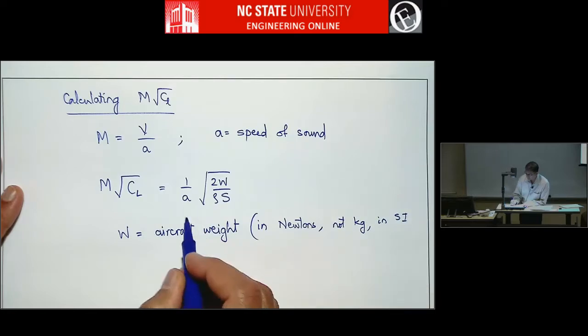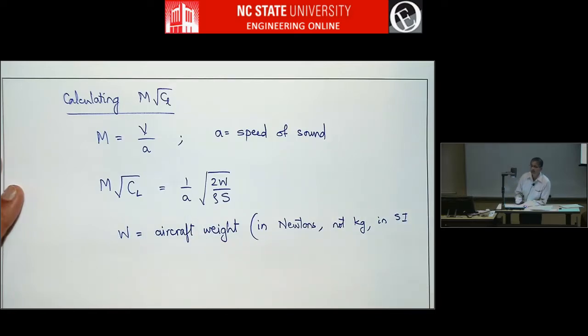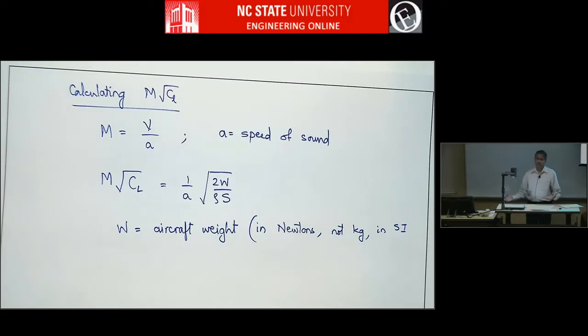So this is actual weight, this is not mass. Even though a lot of data sources will say aircraft weight is so many kilograms, that's because in common day-to-day usage, people talk about weight in kilograms, and that's true in aviation too. Kilograms or pounds or something like that. So if you're going to work in SI, remember to convert the kilograms, that's mass, to weight.